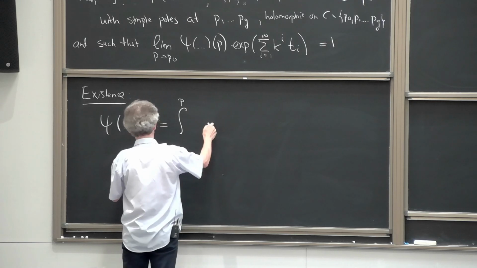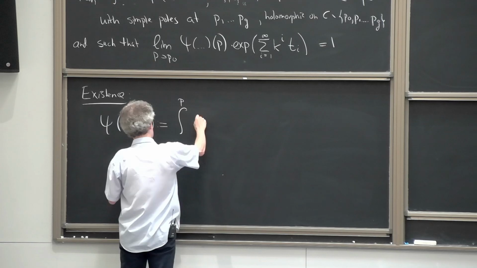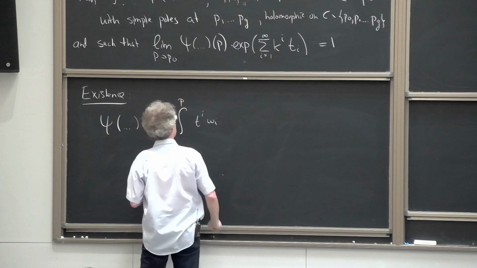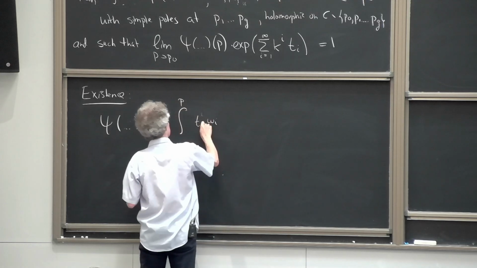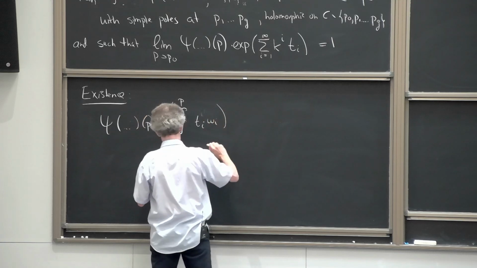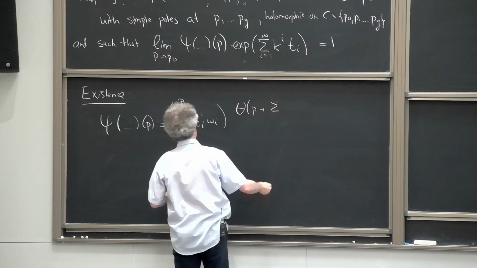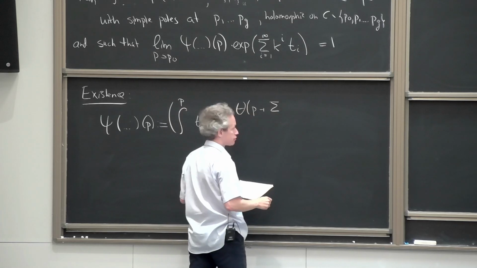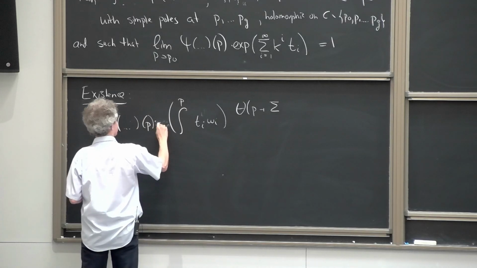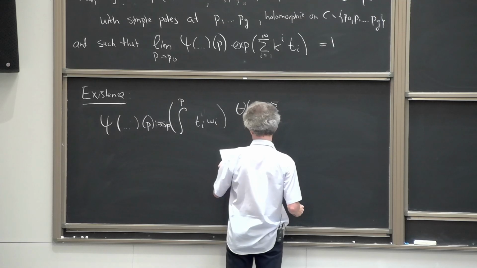So, and then I'm going to integrate T I omega I, up to the point T, theta of P plus sum. Sorry. I said exponent and then I was distracted.